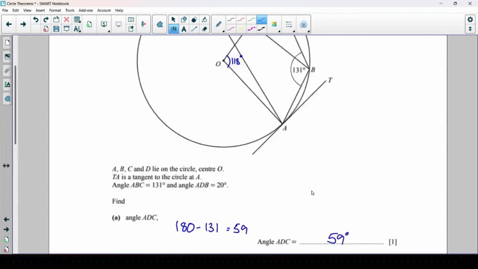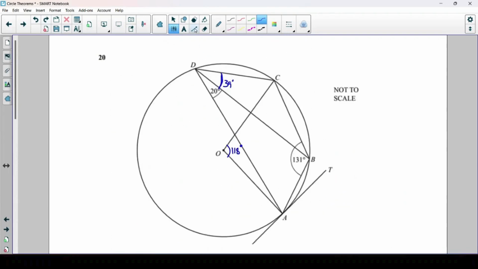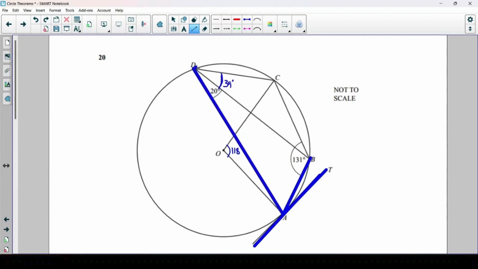Next is angle BAT. Now the only way to find out something like that normally would be using something like the alternate segment theorem. So there's our tangent. Let's draw the triangle which includes that side BA. So there. And there's that triangle connected to it.